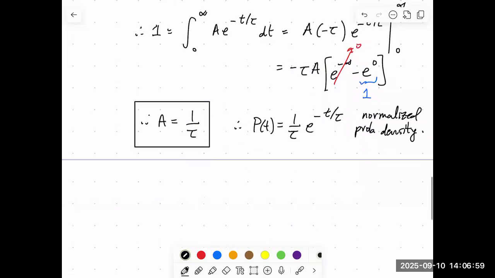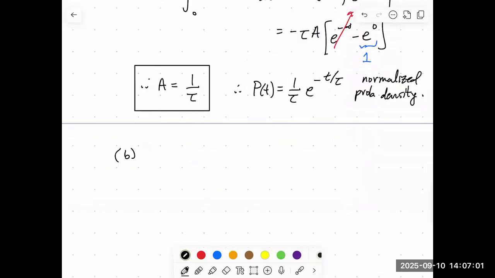All right. So the next thing we're going to try to find is the expectation value of t. So what is the average decay time of this population of muons that we're going to measure? Well, all we're going to calculate is t times p of t integrated over all the allowed times, which in this case is 0 to infinity.